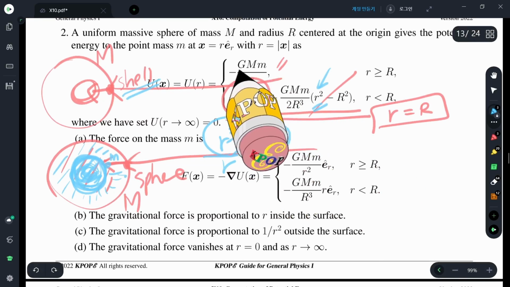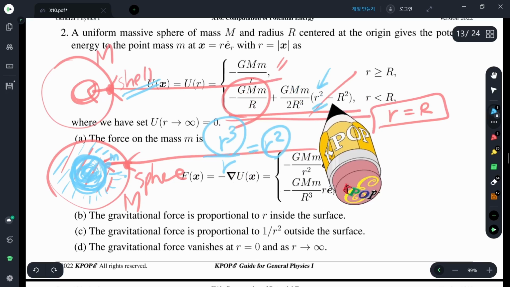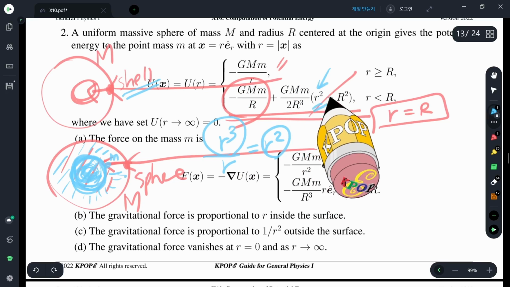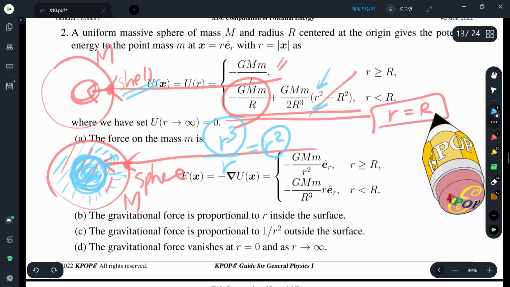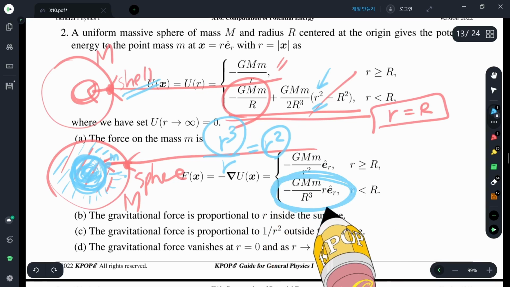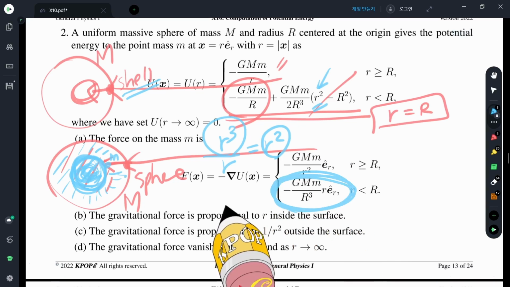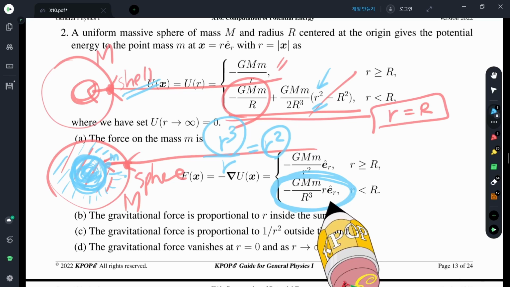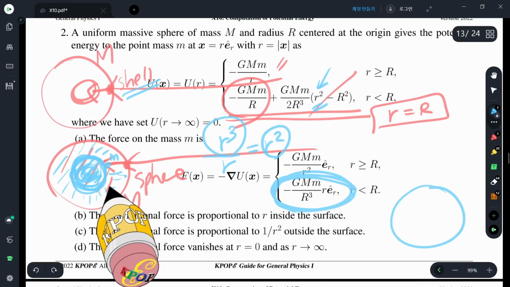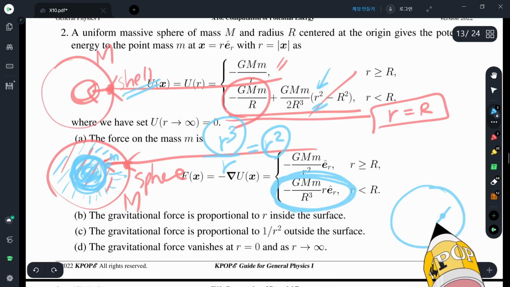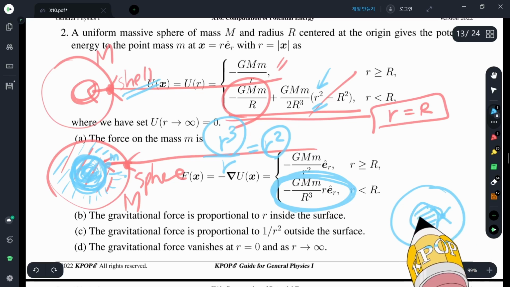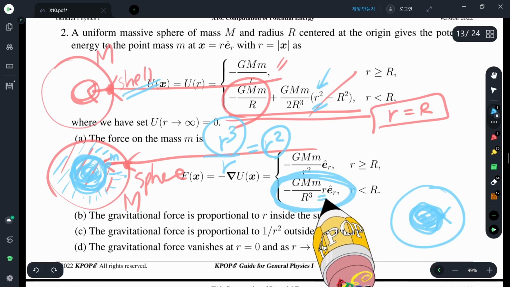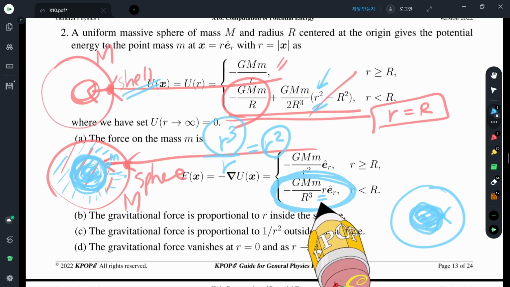Anyway, if we use this potential energy, we can take the derivative with respect to r, and the radial component of the force inside is not vanishing anymore. Inside the shell, the force vanishes, but inside the sphere, there is another shell, so this amount of mass applies. That's the reason why we have r in the numerator.